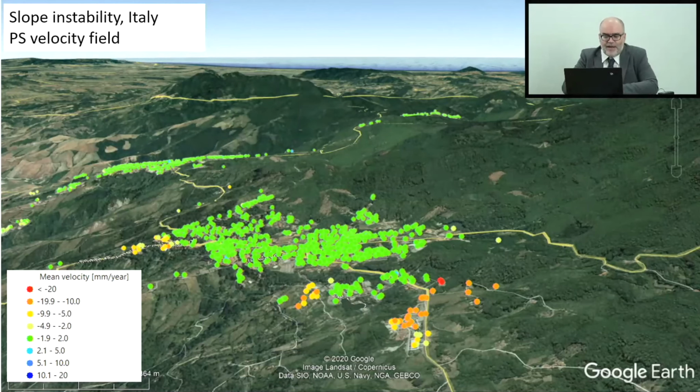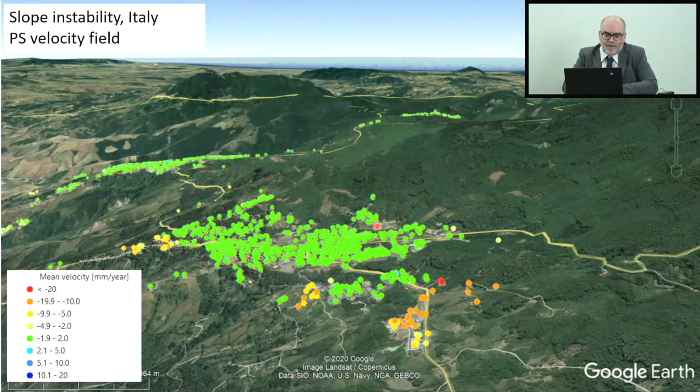This is an area in Italy that is affected by slope instability, or, if you want, easily speaking, landslides. All these points we observe in the image are so-called permanent scatterers. The big difference now compared to before is that we don't have pixels anymore, but we have single points, or single scatterers.